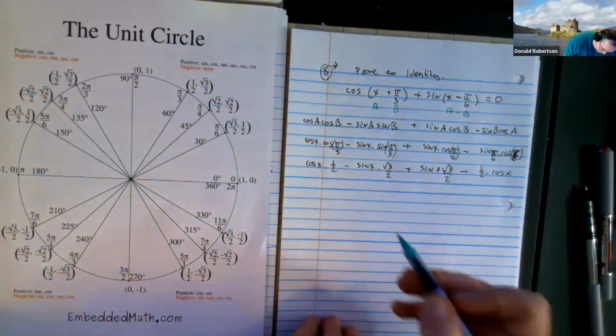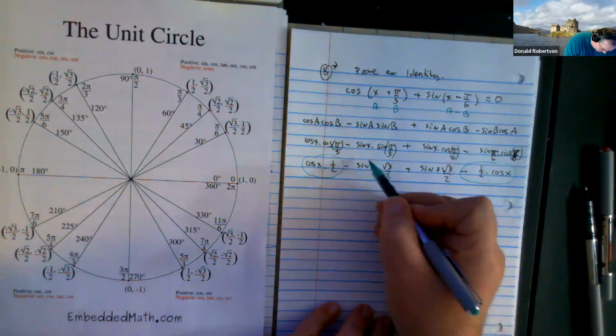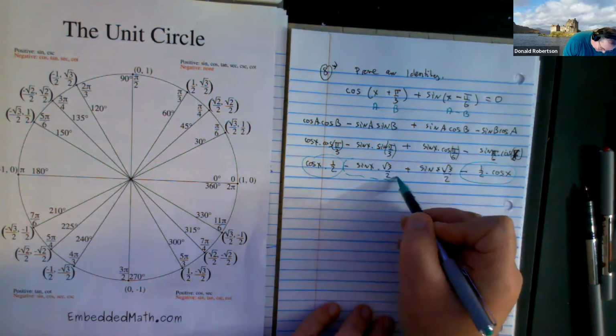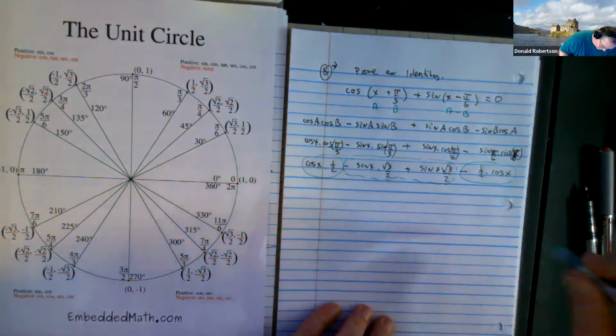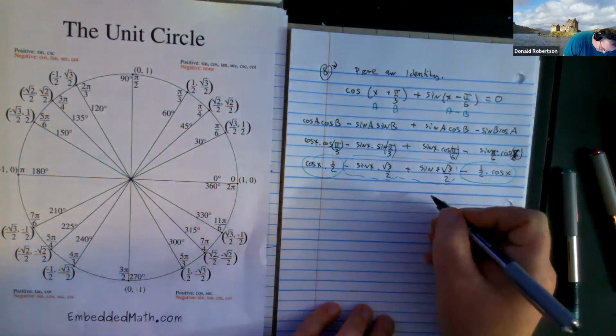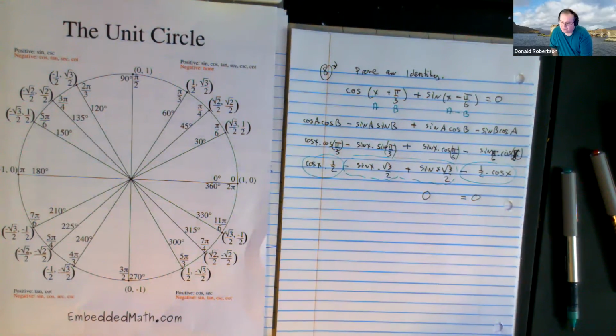Doesn't that half cosine get killed off by that? And doesn't this fella here get killed off by this fella right next to him? And so the entire answer is exactly what it should be. Haven't we proved that the left-hand side is in fact 0? So think of identities as telling you what it simplifies down to.